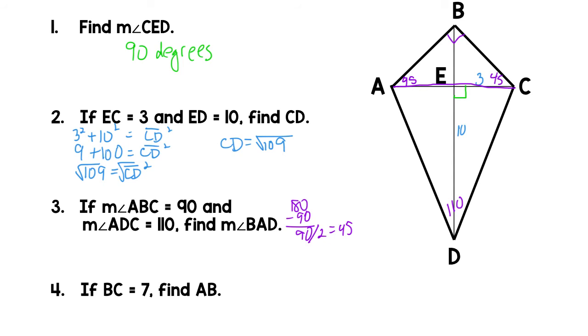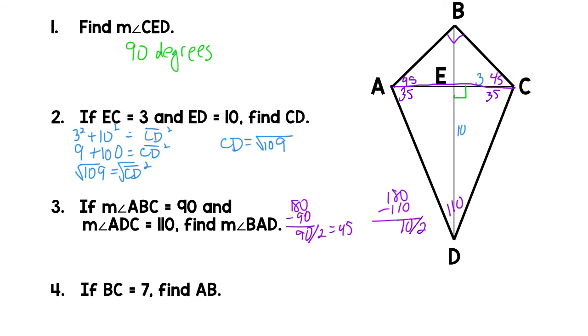Same thing can happen in this bottom triangle. Angle ADC here is 110. That means we can say 180 minus 110 gives us 70, and we have 70 degrees left to split between these two angles. We can divide 70 by 2 and find that each of those angles is 35 degrees.